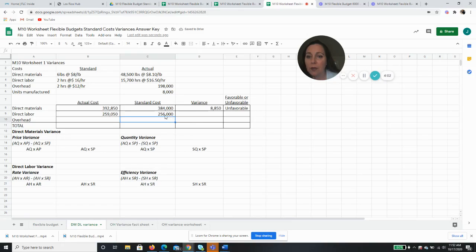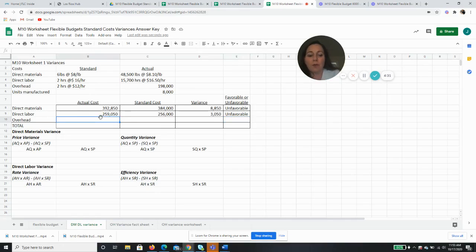That's 256,000. And our actual 259,050 minus our standard of 256,000 gives us a variance of 3,050. Our actual is more than our standard, so that is an unfavorable variance. When you're going through and doing this, make sure you mark favorable or unfavorable. Otherwise, your answer is incomplete and will be marked as such, okay?